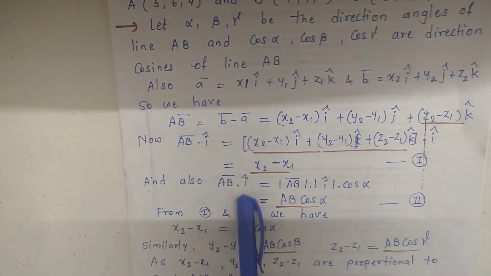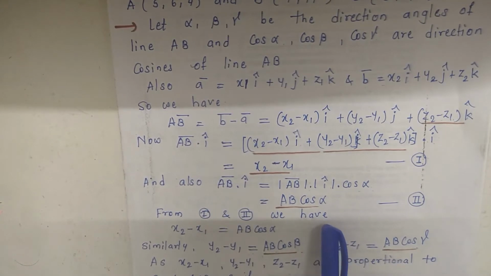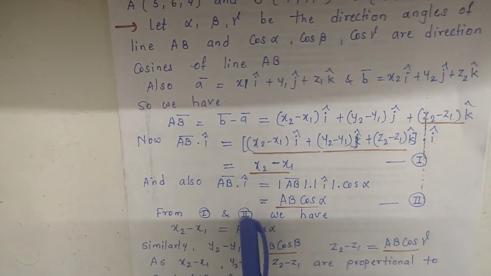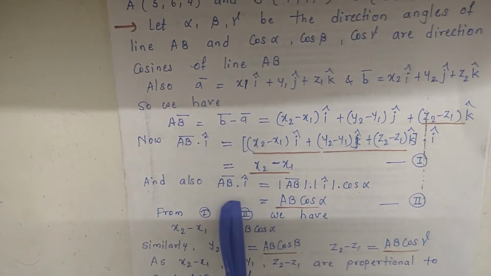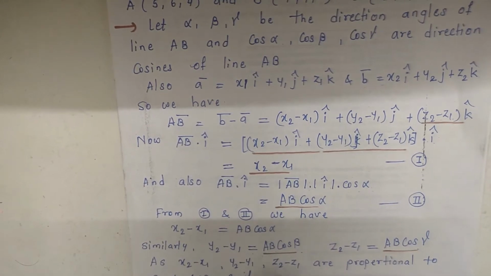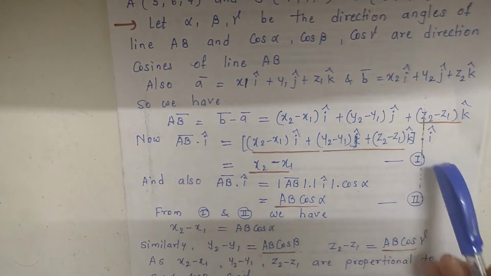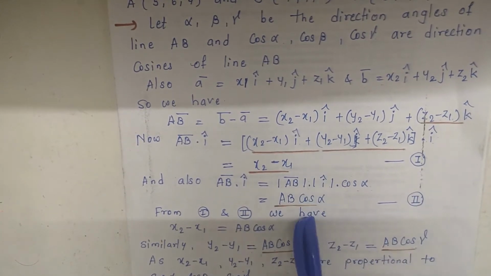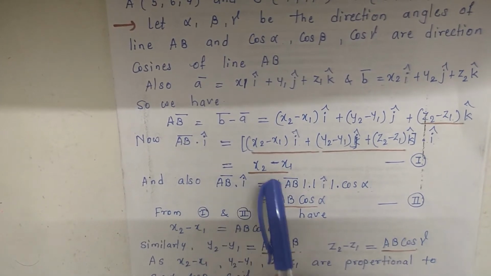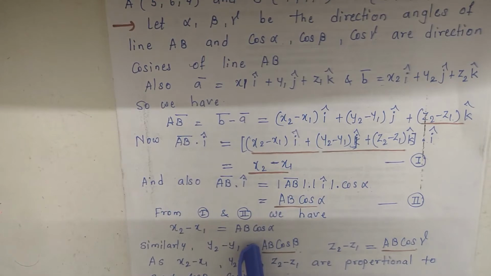So by definition of dot product, AB bar dot i cap is equal to AB cos alpha, say equation number 2. Similarly, from equations 1 and 2, both are the values of AB bar dot i cap, so we can write x2 minus x1 is equal to AB cos alpha.